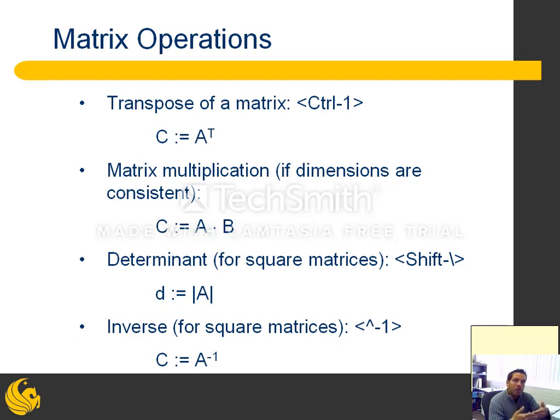Remember, the number of columns of the first matrix has to match the number of rows of the second matrix. Otherwise, they cannot be multiplied by each other. We can calculate the determinant of a matrix by simply using the shift backward slash, vertical bars, and I can calculate the inverse of a matrix by just simply taking it to the power of -1.